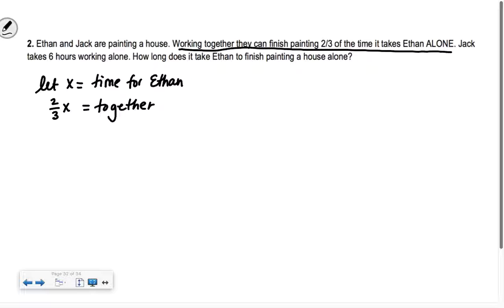So this one gets a little bit gross with our setup, right? Because we're going to have the 1 over 2/3 x, which is a complex fraction. We've talked about those. As we set it up, we have Jack takes 6 hours working alone, so 1/6. Ethan takes 1/x, and together it's going to be 1 over 2/3 x.